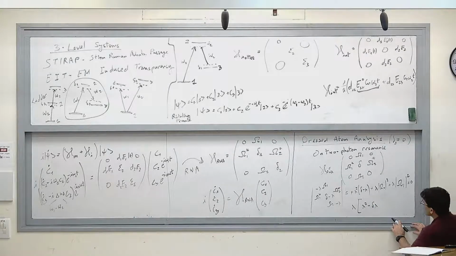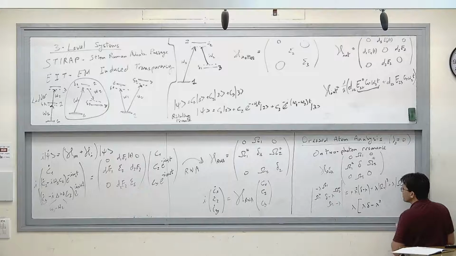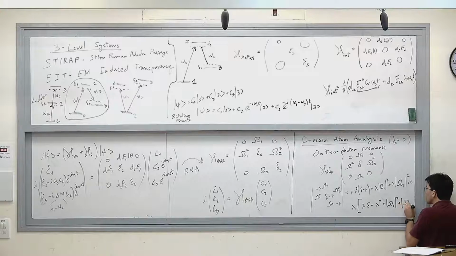Lambda is out. Here there was going to be lambda times delta minus lambda squared plus omega 1 absolute value squared plus omega 2 absolute value squared.